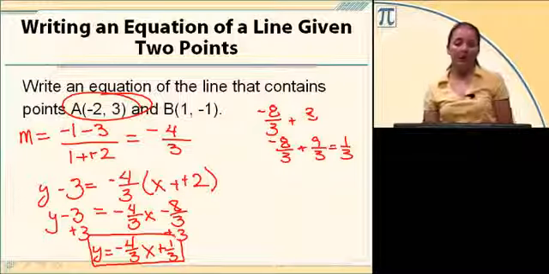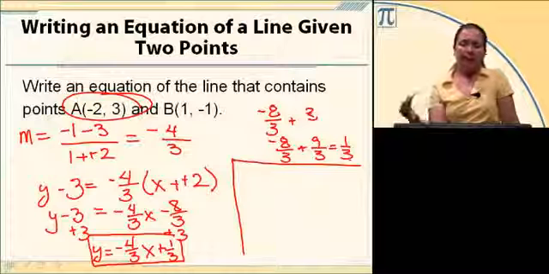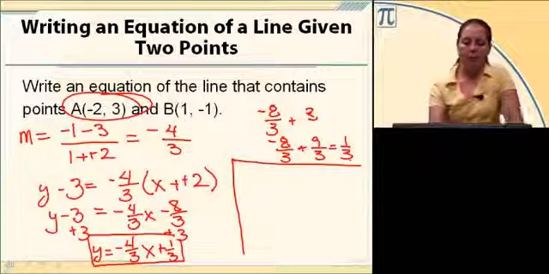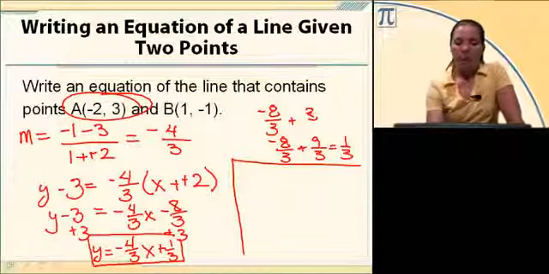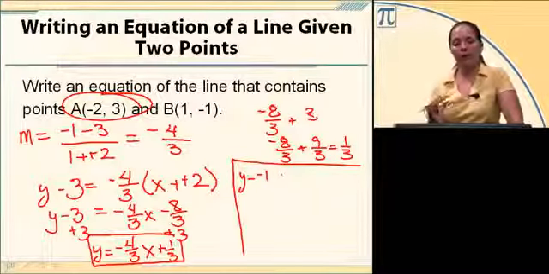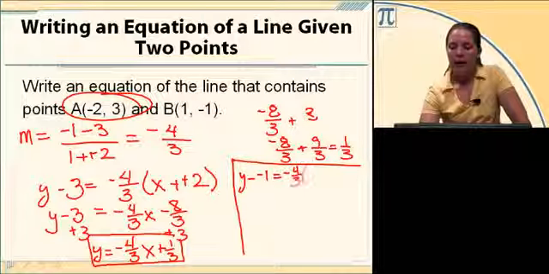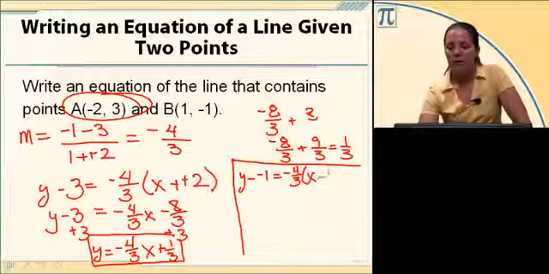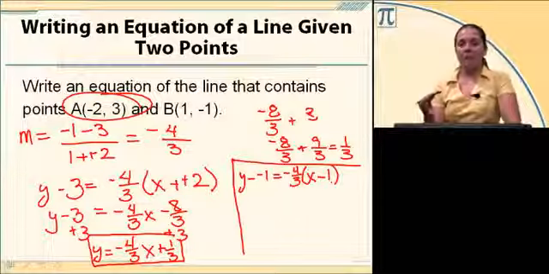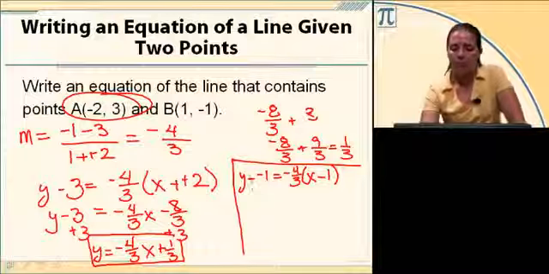If we would have used point B, we should get the same answer, and that's a nice way to check to see if you got it right or if you're not quite sure if you did the problem right. I'll try it with point B. y minus y1, so that's y minus negative 1, equals m times x minus x1, so that's negative 4/3 times the quantity x minus 1.